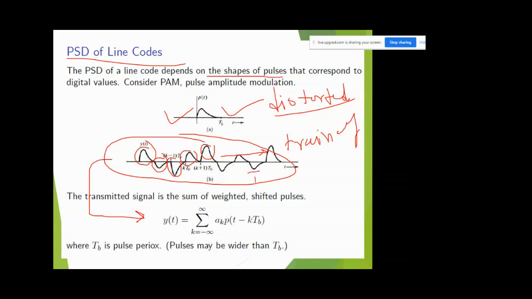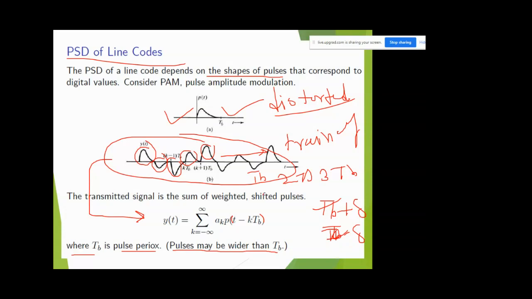TB is there, after that 2 TB, after that 3 TB. So that is the overall duration with respect to the power spectral density, where TB is the pulse period. The pulse may be wider than TB or less than TB. So already we know it is TB plus delta and TB minus delta. So it is early synchronization, and late synchronization.